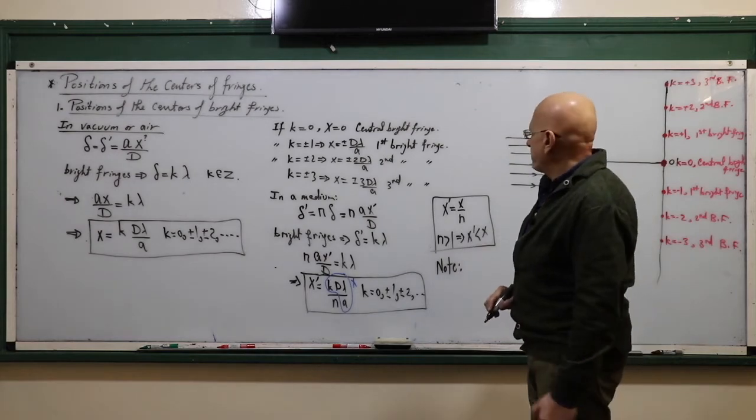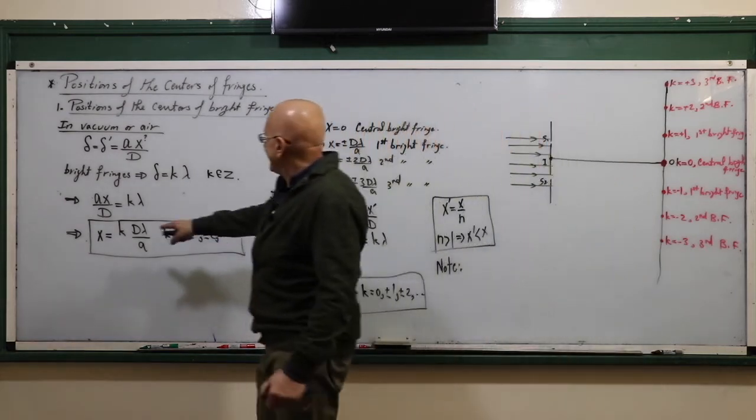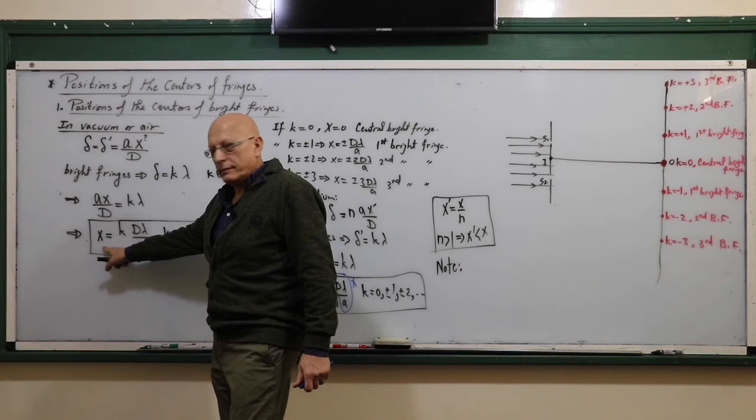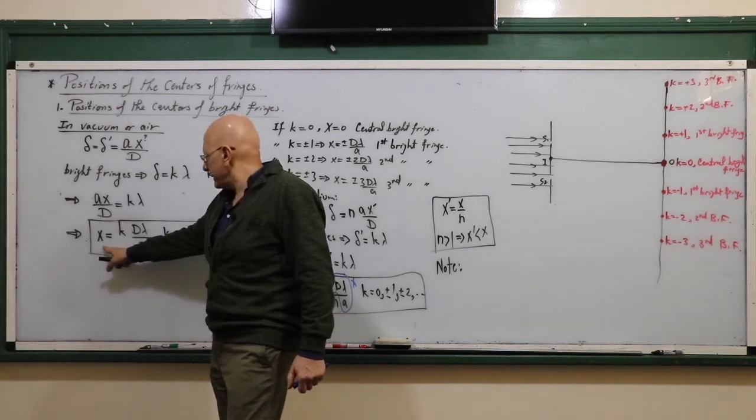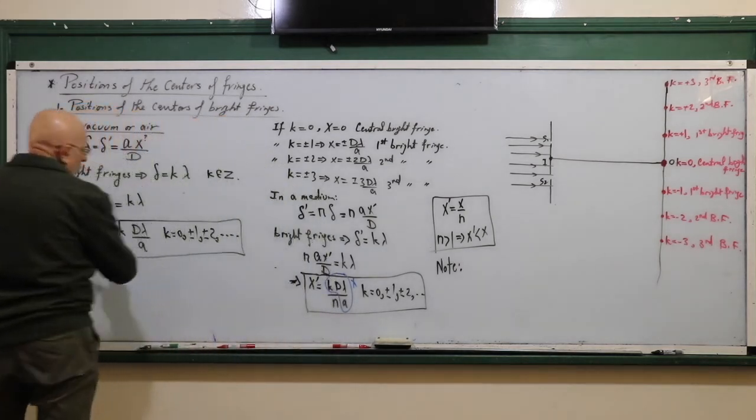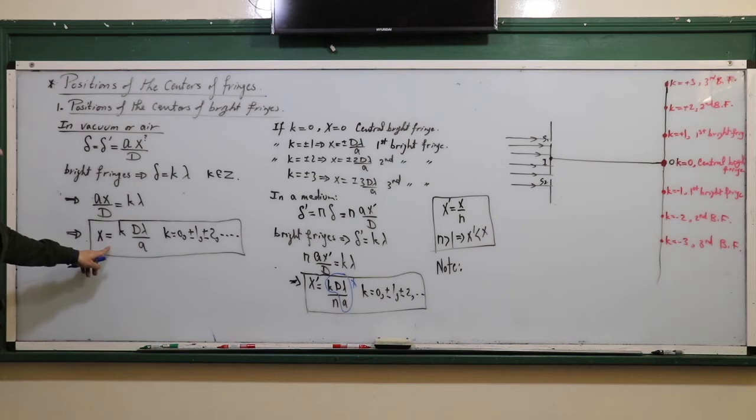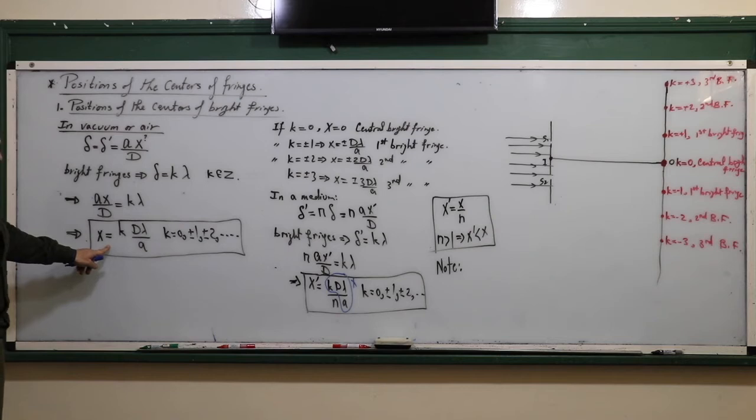Look here. In vacuum, the abscissa was X. In a medium, the abscissa was X prime, when I change it to the optical path.